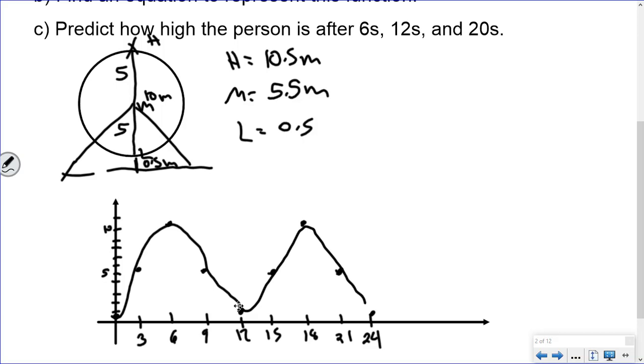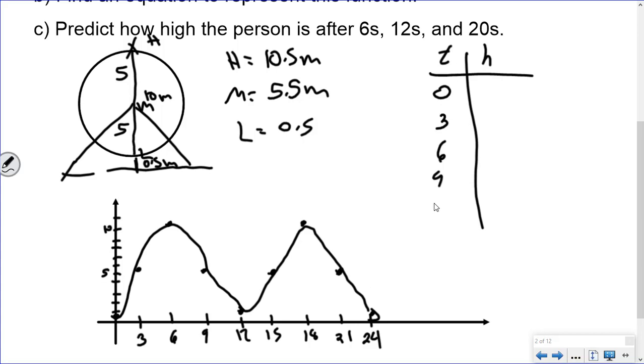What we can see after graphing this is that it does follow a sinusoidal pattern. And if you weren't sure, think about it in terms of a table of values. The height of this person is going to go up and down as time progresses. If my x-axis were time and my y-axis were height, we could ask how high they are at 0 seconds, and how high they are after 3 seconds, 6 seconds, 9 seconds, and 12 seconds.